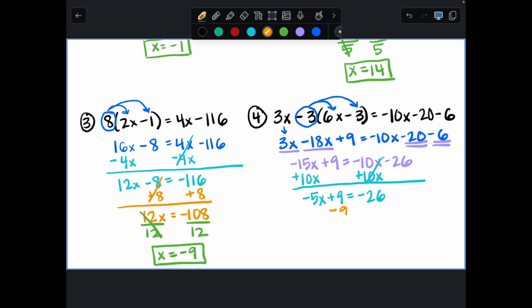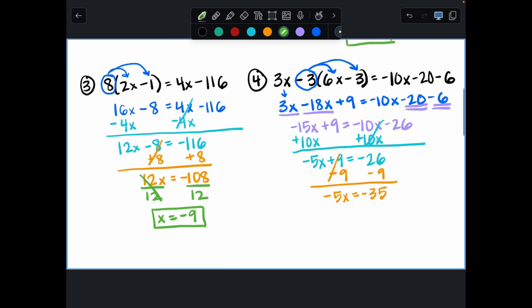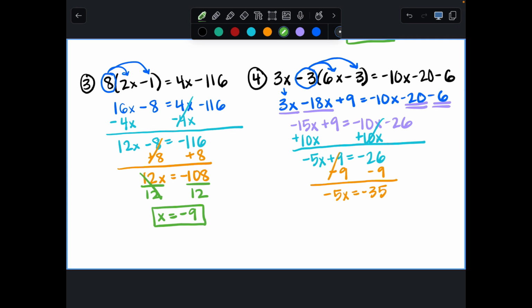And then subtract 9. And last step is divide by negative 5. X equals 7.